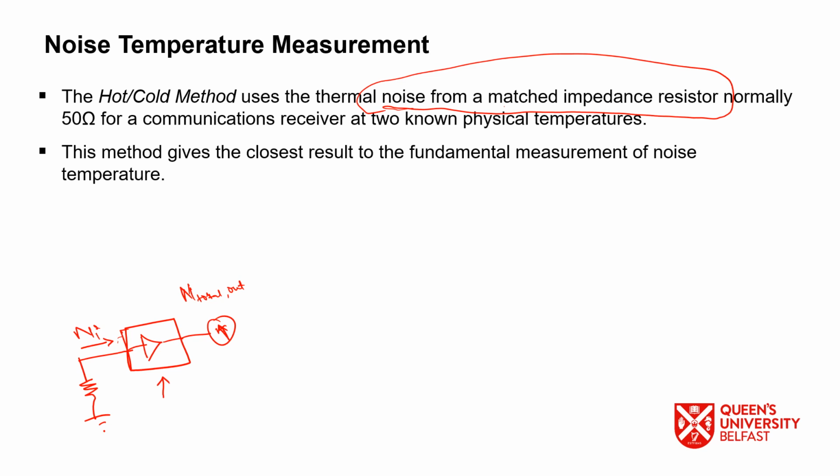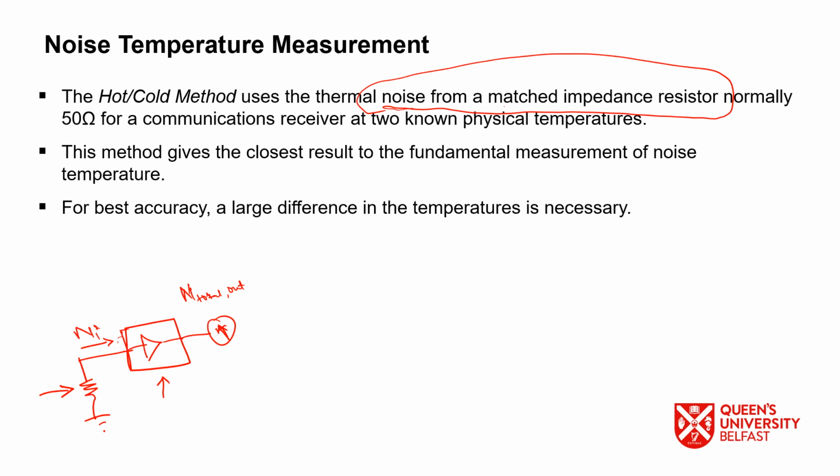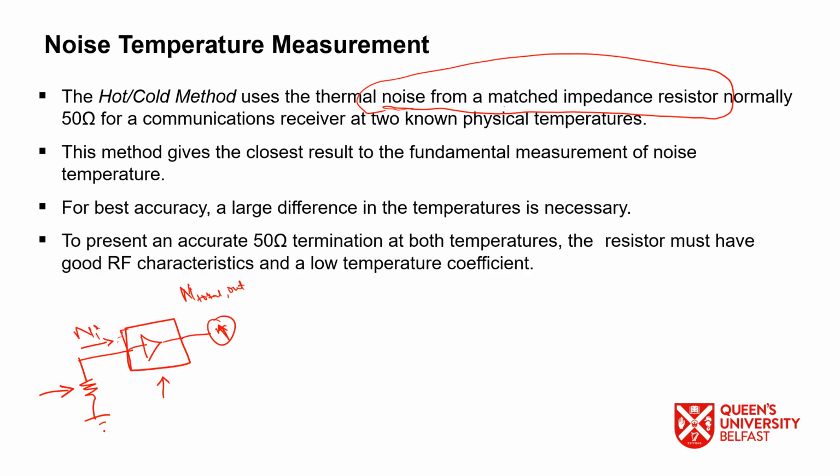So by changing the temperature of this resistance to two points, we can identify the equivalent noise temperature of the device. For best accuracy, a large difference in the temperature is necessary.